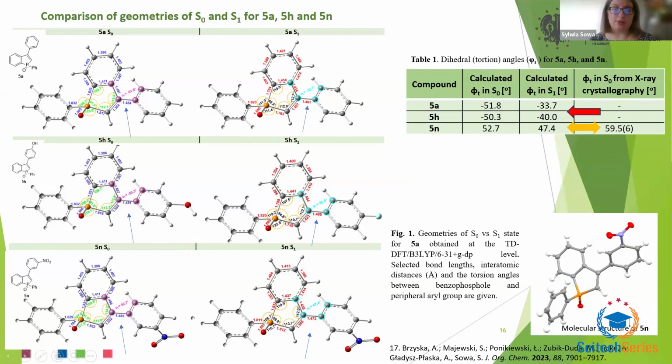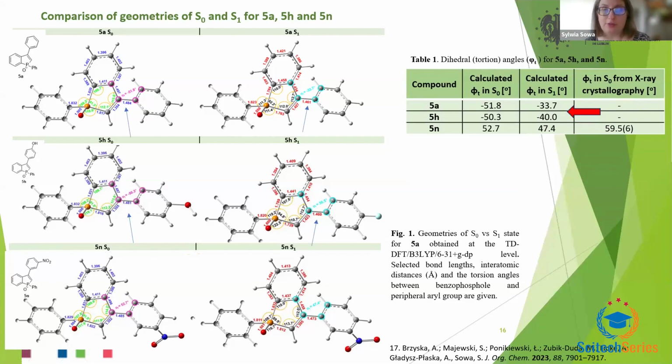The torsion angles for 5A and 5H in the ground state are around -50 degrees, so the aryl ring connected to the benzophosphole is in a twisted fashion. It's not planar. It's rotating.